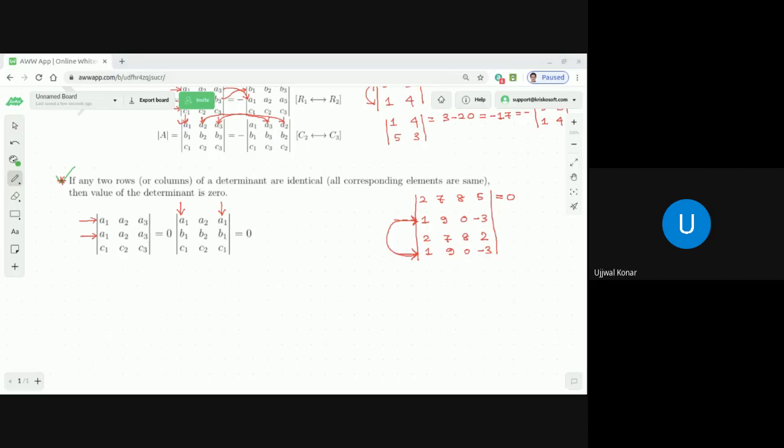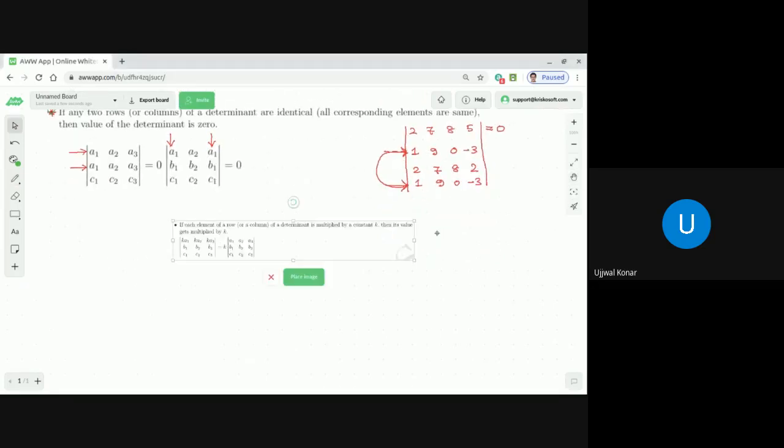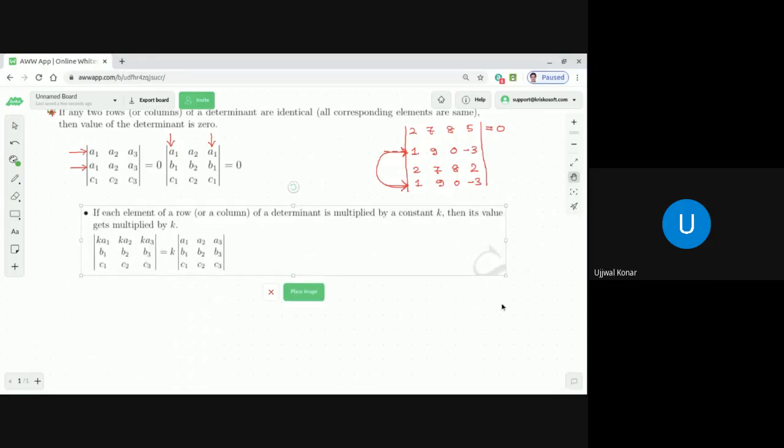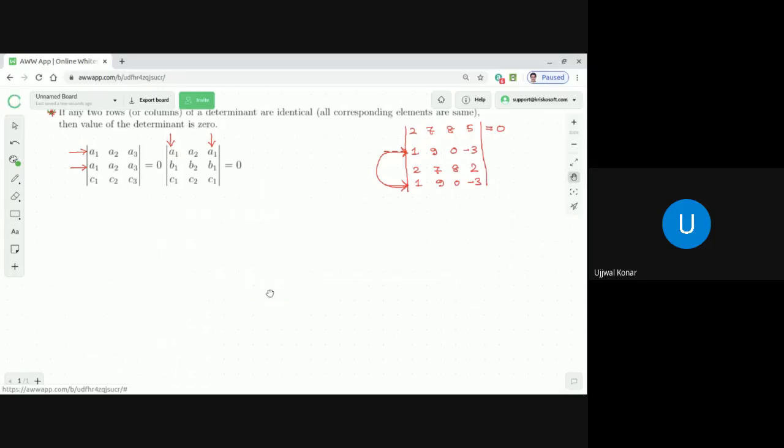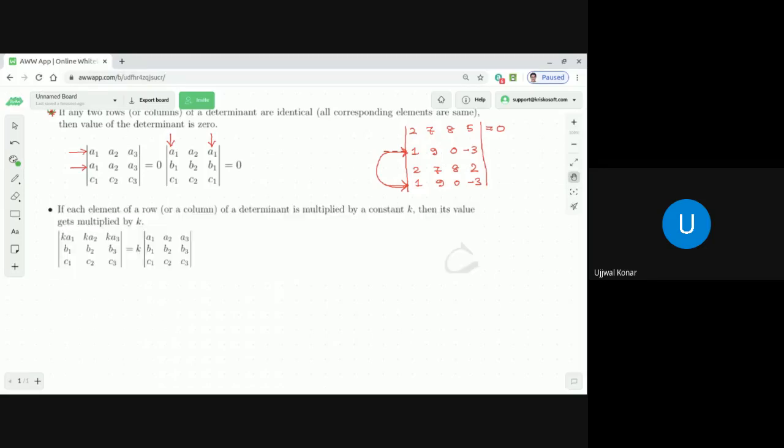Let me first write down the point here: if each element of a row or a column of a determinant is multiplied by a constant k, then its value gets multiplied by k.